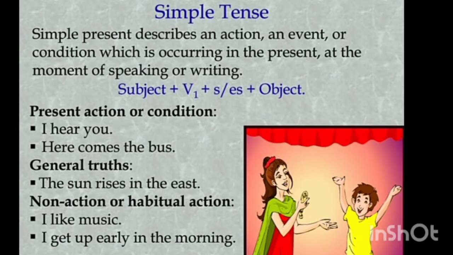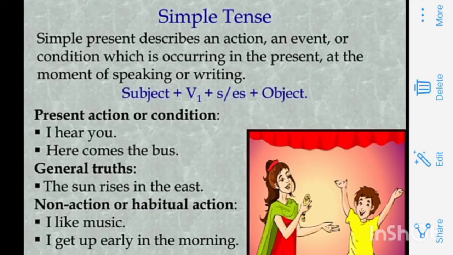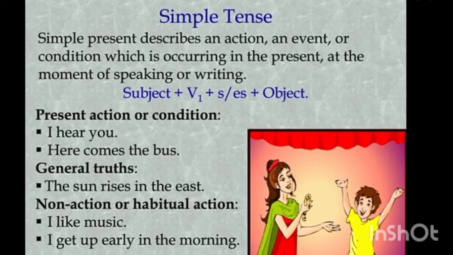Simple present tense describes an action, an event, or condition which is occurring in the present at the moment of speaking or writing. So, what should be the sentence structure of simple present tense?